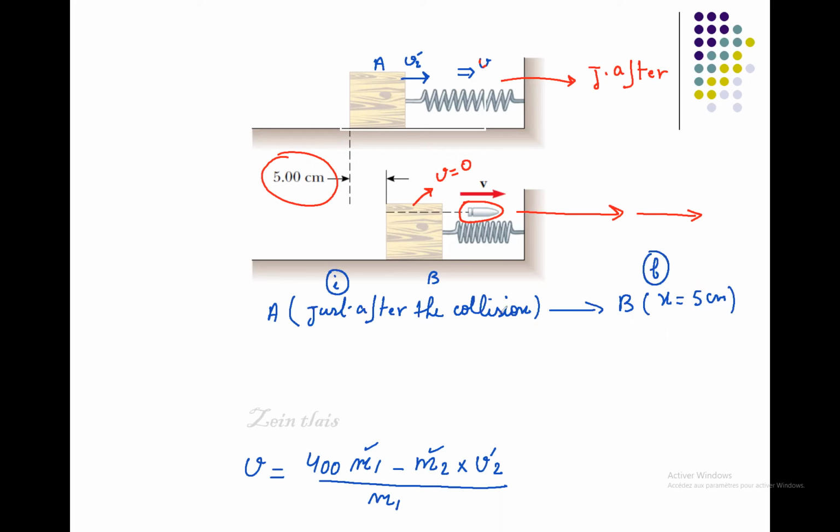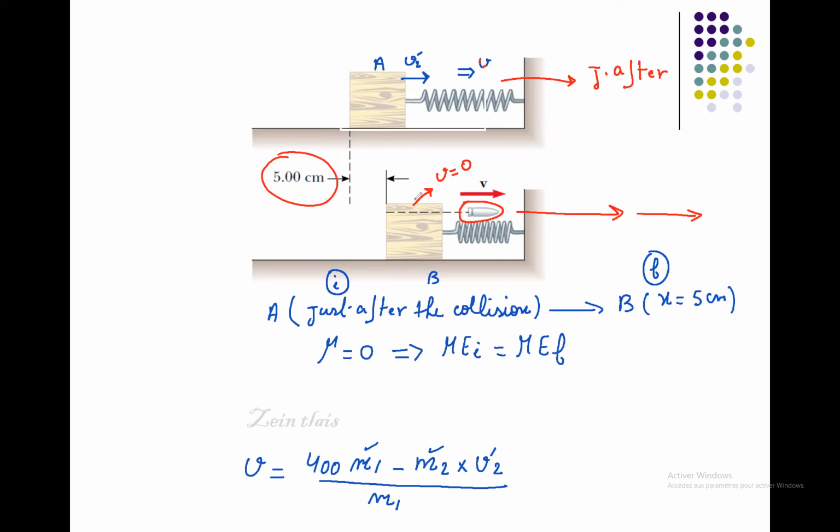So it's very important to specify the points where you want to apply the mechanical energy. Why? Because between the initial and final state we don't have interaction. We don't have friction between the block and the plane, mu equals 0. So we can say mechanical energy initial equals mechanical energy final.